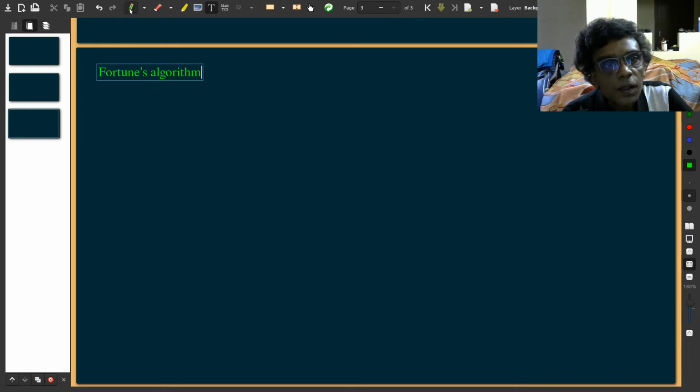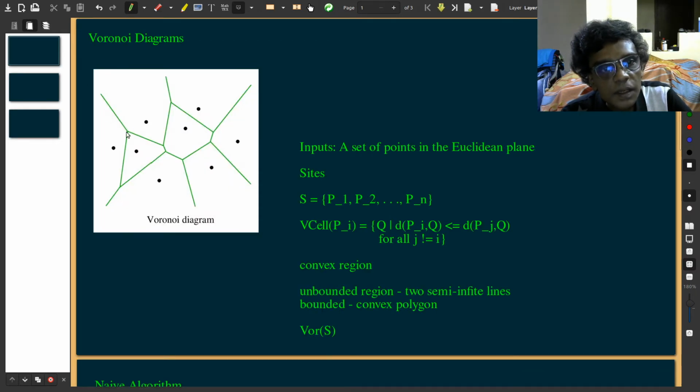What Fortune's algorithm does is it can detect all these finite intersection points like this. We need to handle the semi-infinite lines a little bit differently.